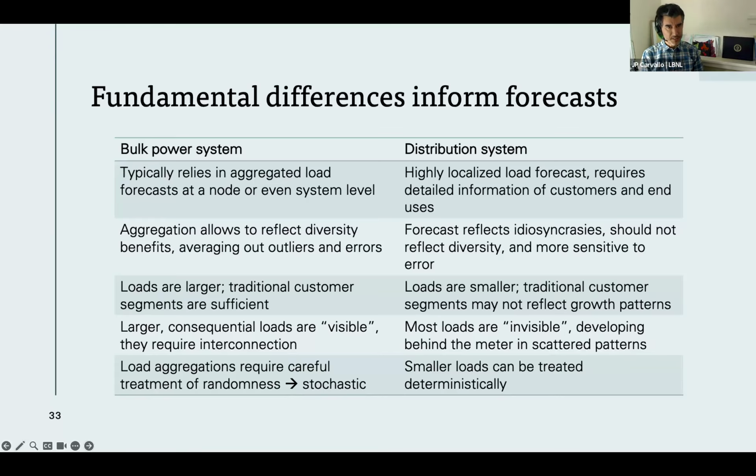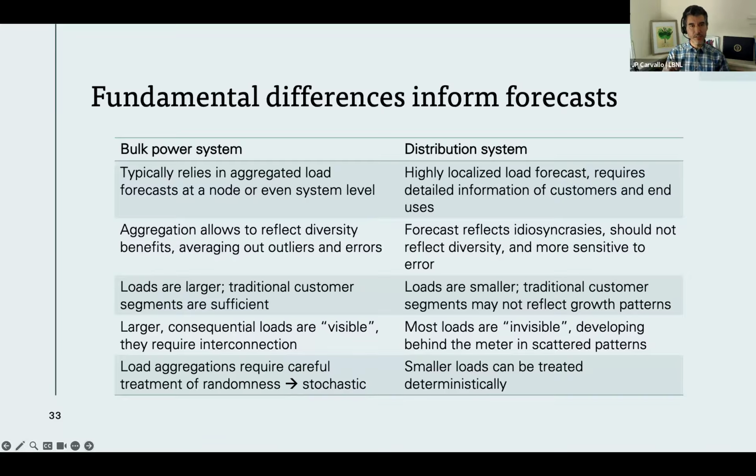On the other hand, the distribution system has the benefit and the curse that the forecast will want to reflect idiosyncrasies. We want to reflect those specific behaviors that are characteristic of local areas, local neighborhoods, not even cities, but portions of cities, and then do not necessarily reflect diversity.